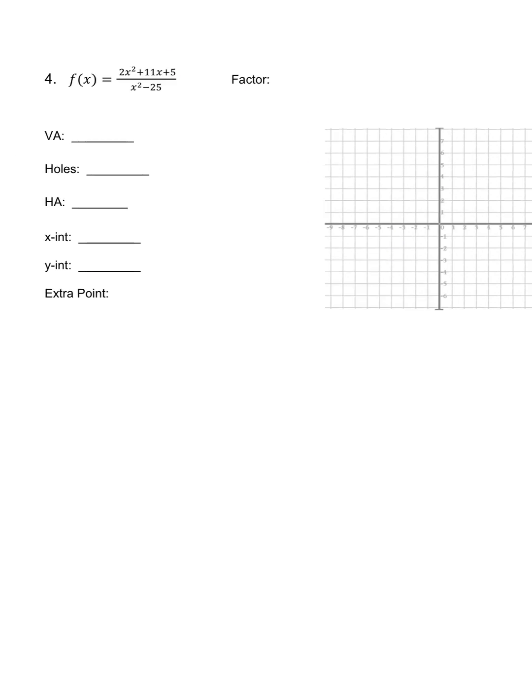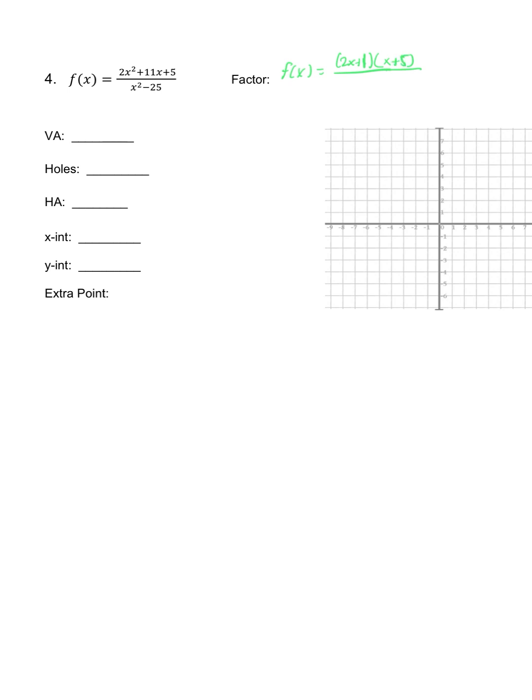All right, number 4, let's factor. Always, always factor. So f of x equals, we should get a 2x here, x here. This needs to be a 1, this needs to be a 5.